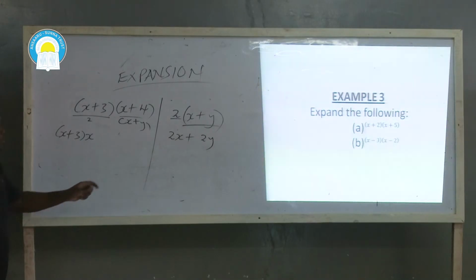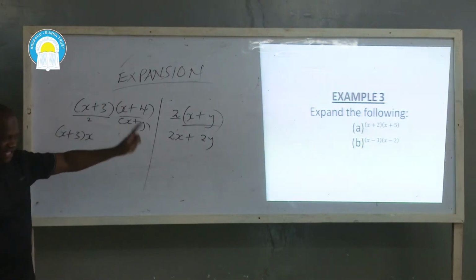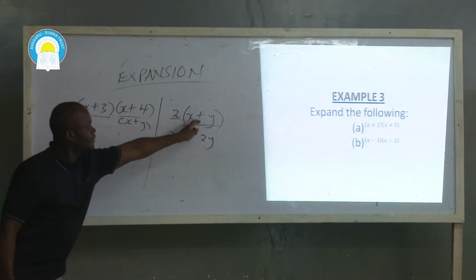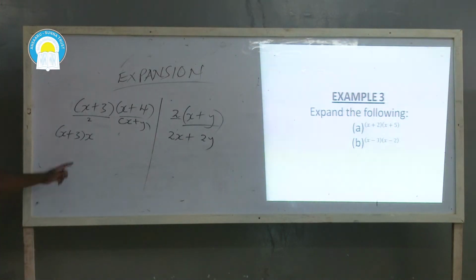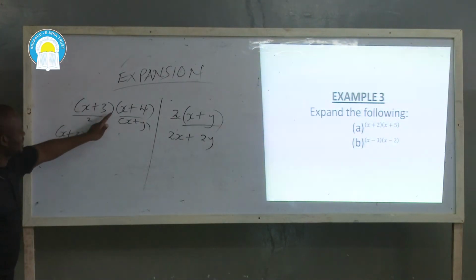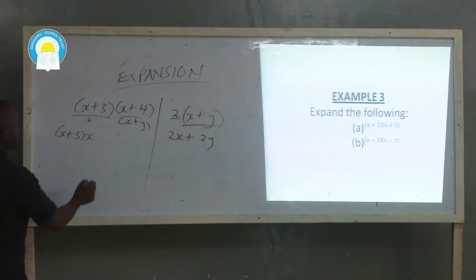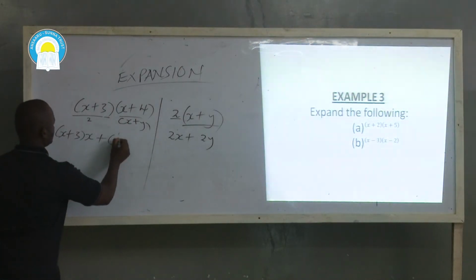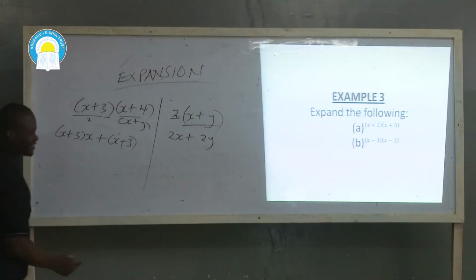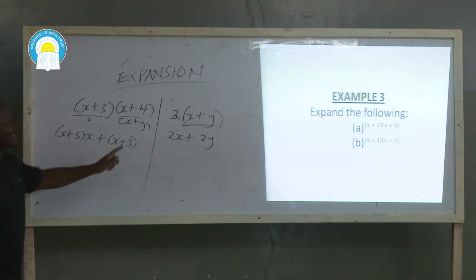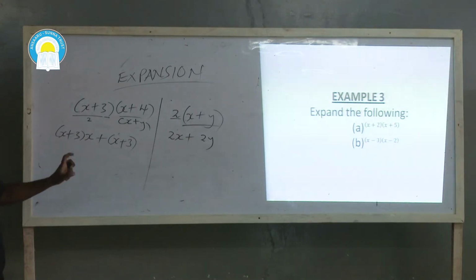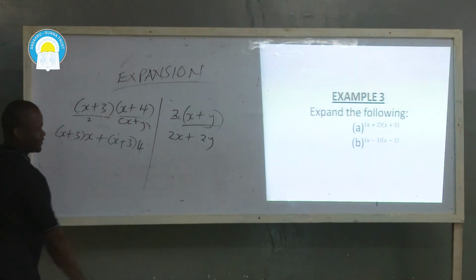Then we had 2 times x, plus, here we have x plus 3 times x. Then we take plus the same x plus 3 times the second term in the second bracket, which is 4.